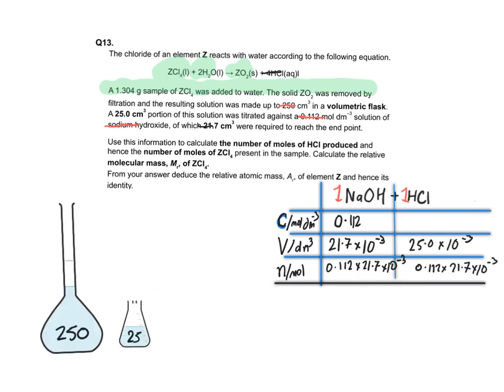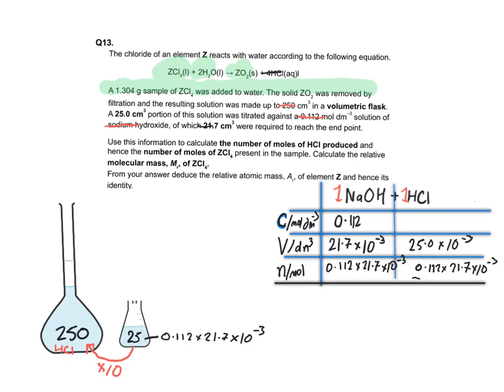So if we now know the amount that was in 25 centimeters cubed, which was 0.112 times 21.7 times 10 to the minus 3 moles, it makes sense that we took a tenth out, and therefore we know we've got 10 times as many moles of the HCl in the 250 flask.